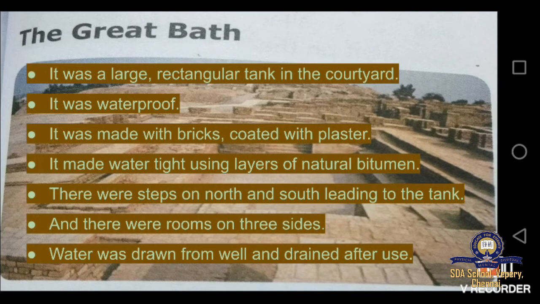After the bath, there were 3 rooms near the Great Bath. So people would go there and probably change their clothes and come to the tank. After bathing, the water was drained out. So that is the Great Bath.